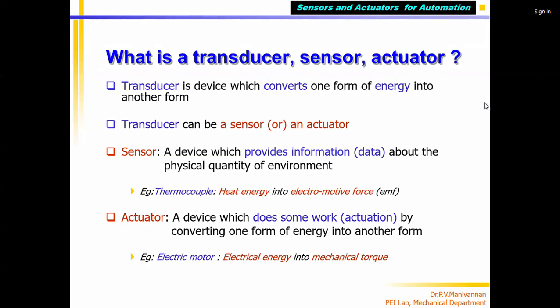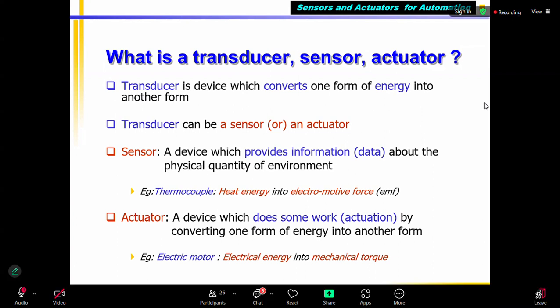Good evening, students. Today we are going to see the next important chapter of the mechatronics course. It is about transducers, sensors, and actuators. First, let us see what a transducer is, what a sensor is, and what an actuator is, the definitions. Then we will talk more about the different types of sensors and how they work. Once that is completed, we look into the actuators in the next part.